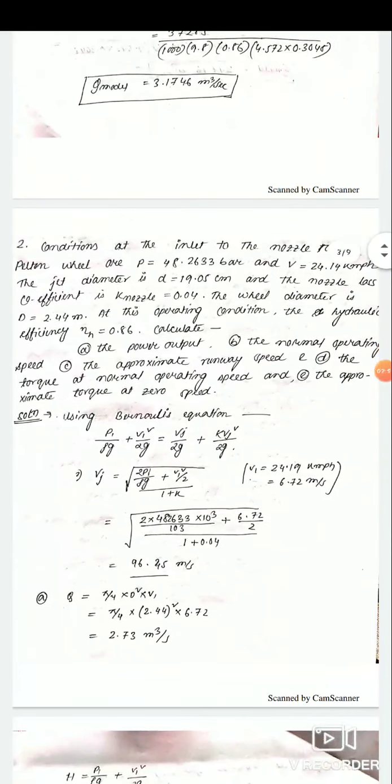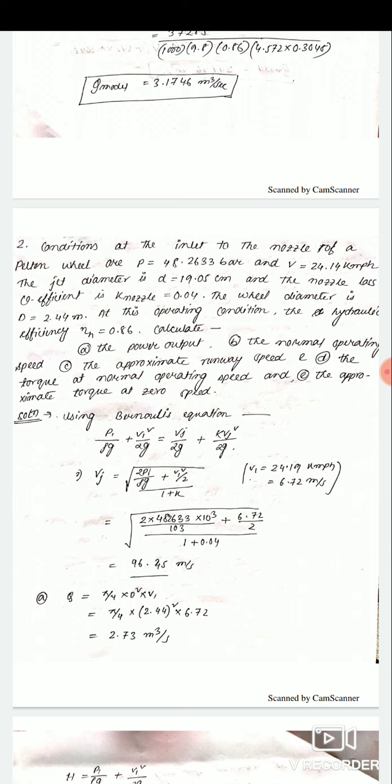So the second question is, given conditions, the inlet to the nozzle of a Pelton wheel are P equal to 448.2633 bar and V equal to 24.14 km per hour. The jet diameter is given as 19.05 centimeter and the nozzle loss coefficient is K equal to 0.04.